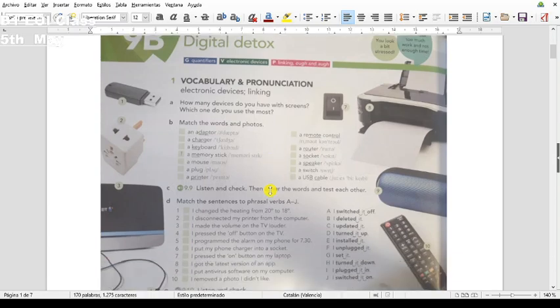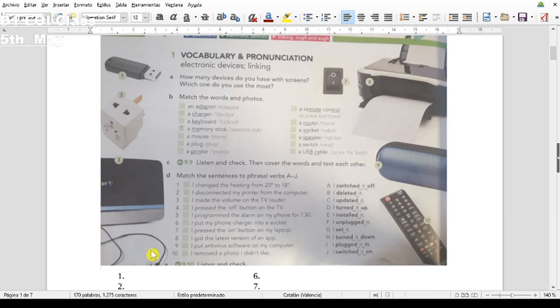Digital detox. And to know what kind of electronic devices we have, here you have different pictures in your box. Some of them are here, but you have the box, then no problem. I would like you to spend time matching this vocabulary with each picture. For example, repeat with me.